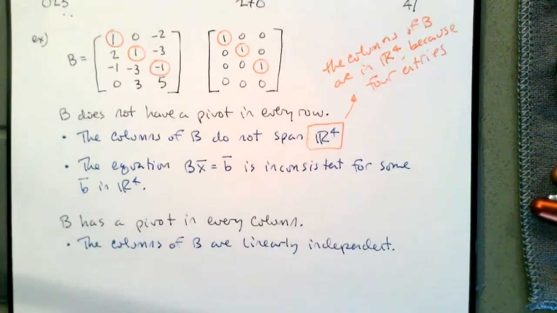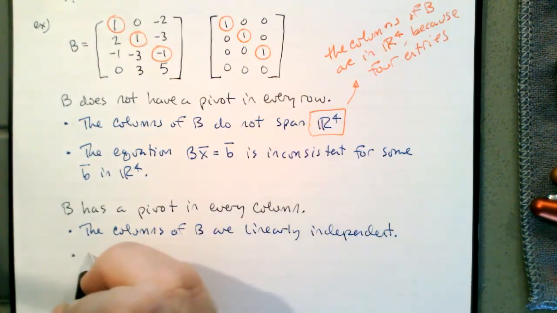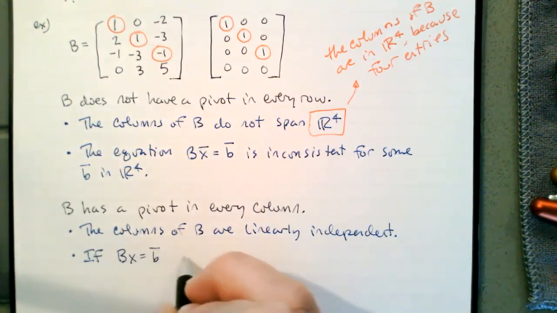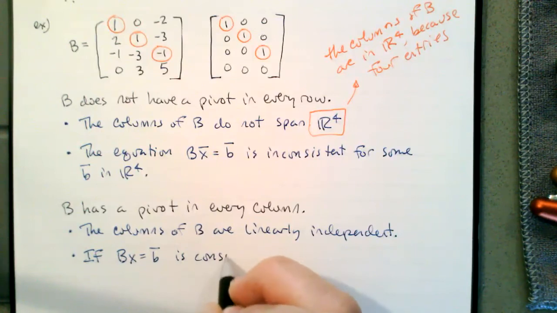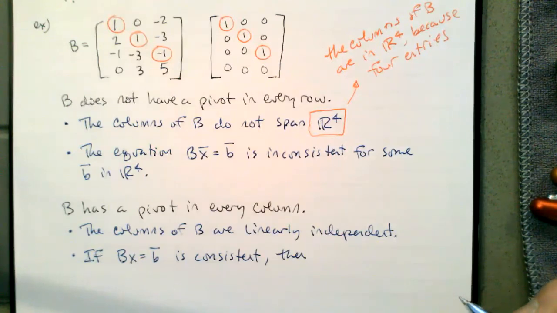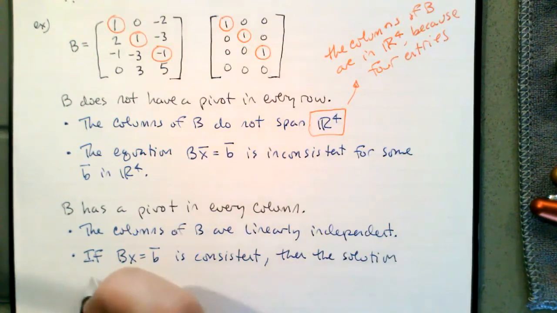Linear independence goes with uniqueness of solutions. So if the equation Bx equals b is consistent, then the solution is unique.